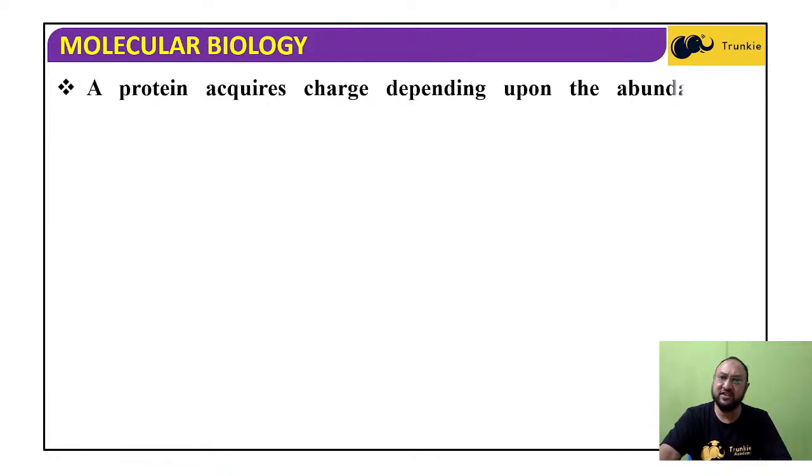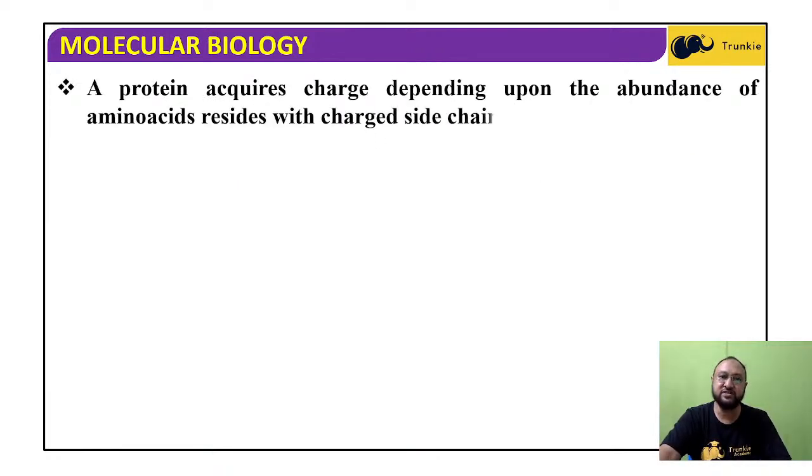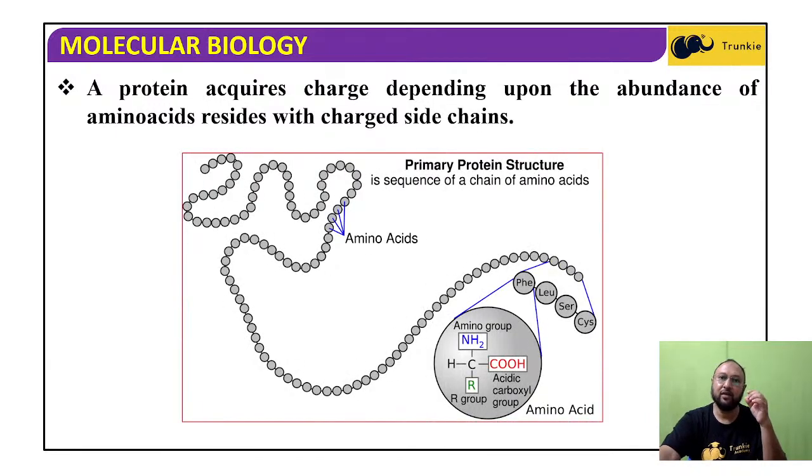A protein acquires charge depending upon the abundance of amino acid residues with charged side chains. So a protein acquires charge depending on which amino acids are in the protein. There is primary protein structure, which is linear, then secondary, tertiary, and quaternary structure.